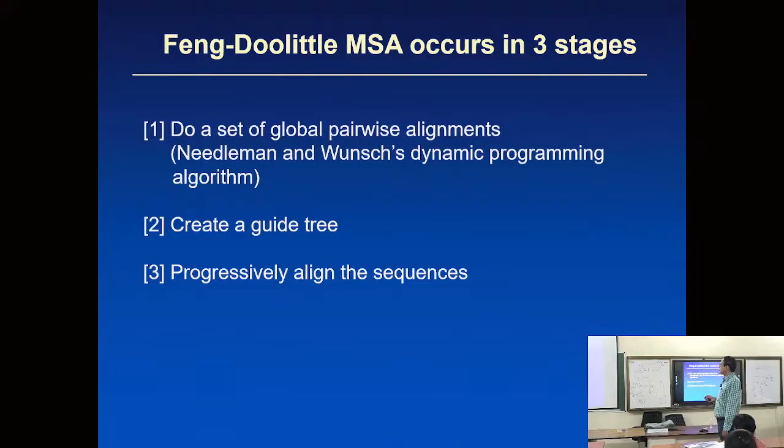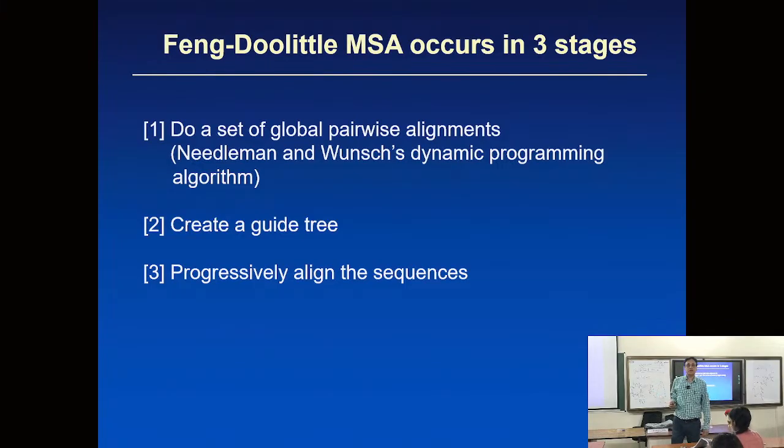Okay, so let's discuss the progressive method, the Feng-Doolittle multiple alignment method, which occurs in 3 stages. The first one is that you have to perform global pairwise alignment. So given n sequences, obtain all pairwise alignments. You can use the Needleman-Wunsch algorithm for performing pairwise alignment, so global alignment.